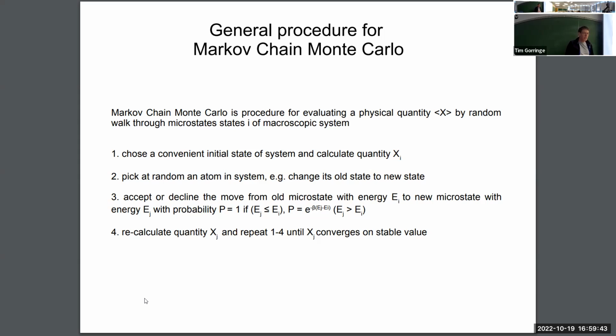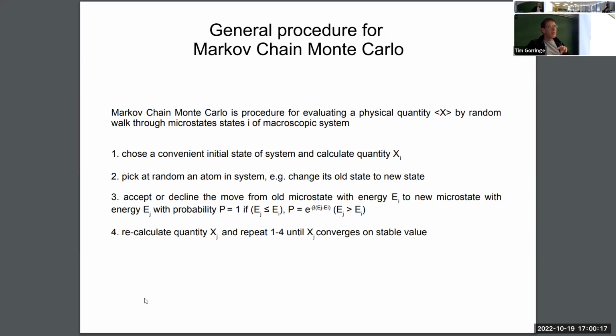Basically, what you do is you pick some suitable initial microstate. We did that last class, and we do that this class. Then you start randomly walking in the space of all the microstates. In the last class, we excited or de-excited a gas atom. In this case, we flip the spin of a magnetic dipole, up to down or down to up, changing the microstate.